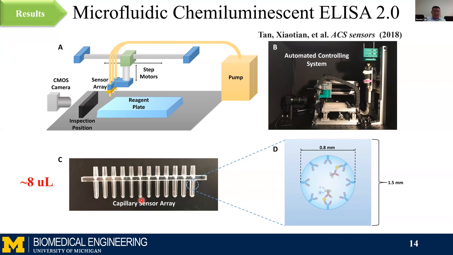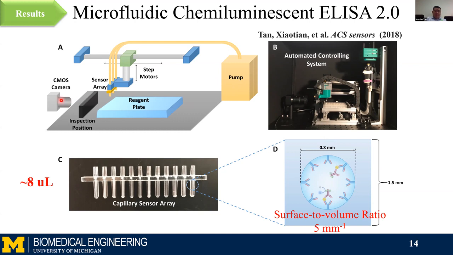In this reactor, the surface to volume ratio is about 10 times higher than the traditional plate-based ELISA. And since we have a microfluidic structure, we only need 8 microliters as a sample volume. We also integrate this into an automatic controlling system. It has a robotic arm, a liquid pump, and a CMOS camera.